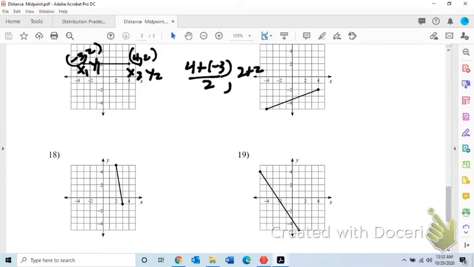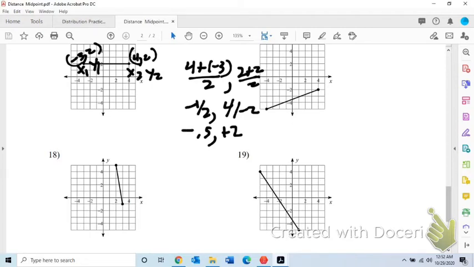And 2 plus 2 over 2 is my y1 plus y2 over 2. 4 plus negative 3 is negative 1 over 2, and 2 plus 2 is 4 over 2. So we have negative 0.5 and 2.